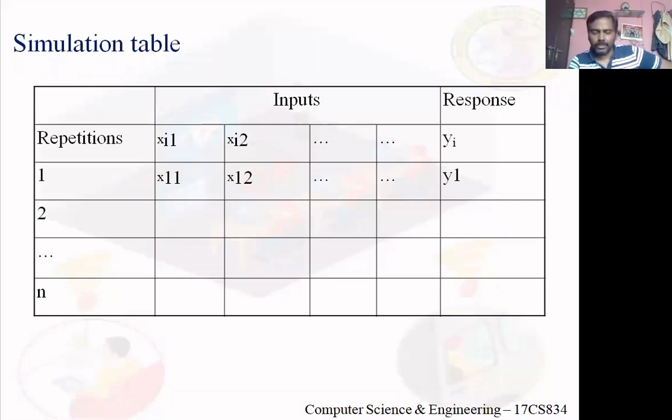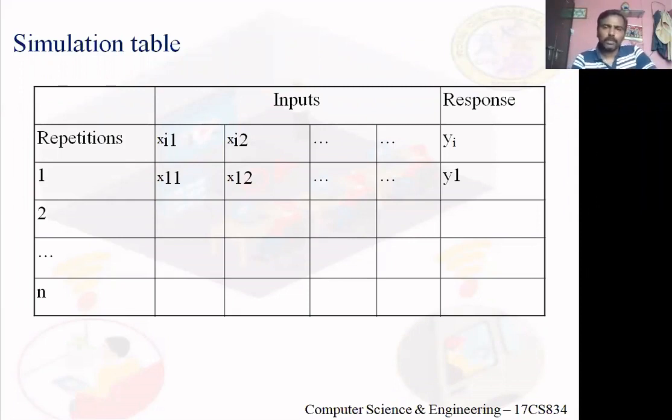What I actually told you about are 2 types of input: inter-arrival time and service time. For example, column xi1 represents inter-arrival time, and column xi2 represents service time.